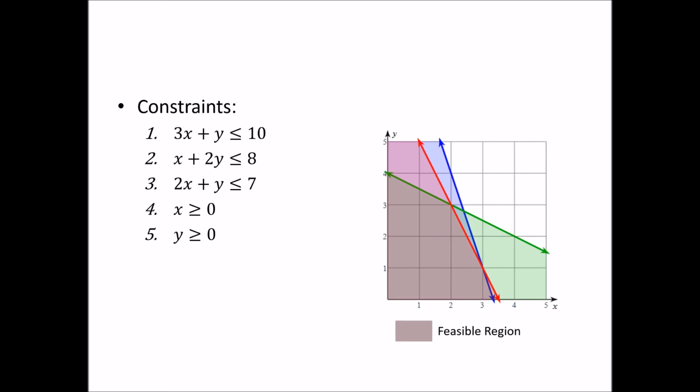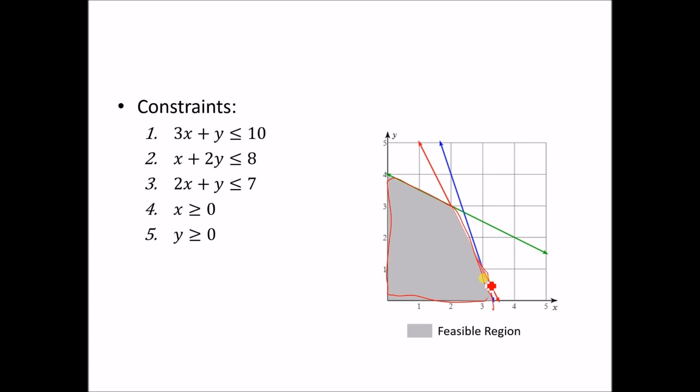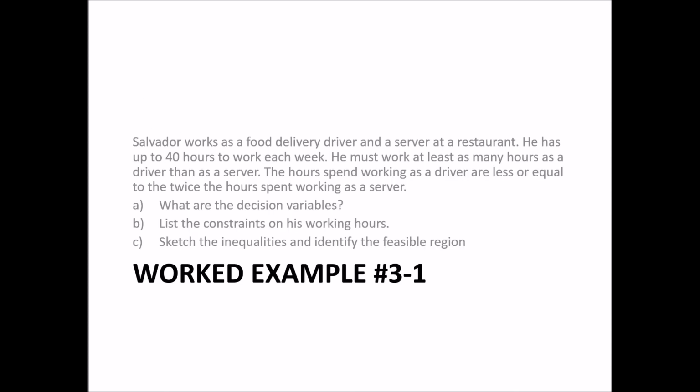And of course, as I've said before, when you're dealing with colors, sometimes it can be a little bit difficult to do this by hand. So another way of showing it is just like this. So I've drawn the shape of something like that, and that is my feasible region. I've now got 2 other examples.